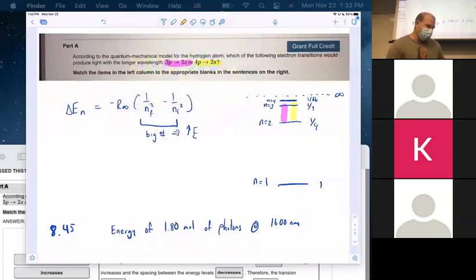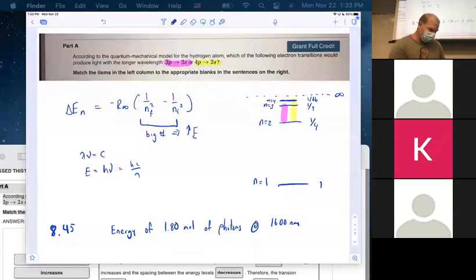So for the longer wavelength, also, if you remember, lambda times nu equals c, the wavelength times the frequency is the speed of light. Also, energy equals h nu, where h is a constant, which equals hc over lambda.